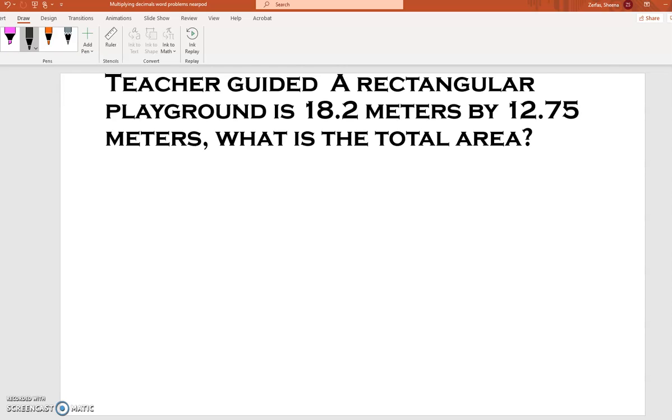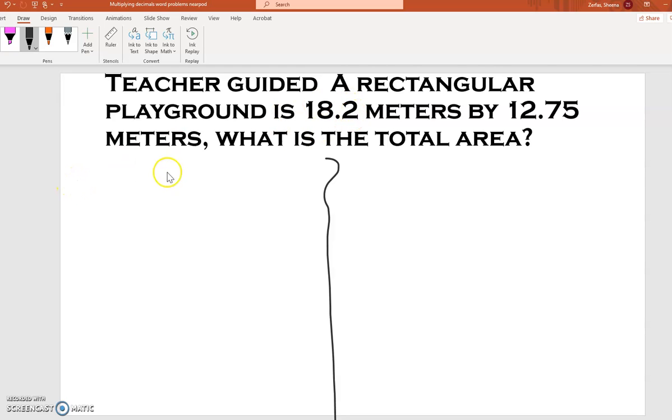All right. This first example is taking us back to our knowledge of area. So in this problem, we are going to find the total area of a rectangular playground that has these dimensions. Again, I'm going to show you both strategies, one with the fraction and the other one without fractions. So I'm going to multiply 18 and 2 tenths.